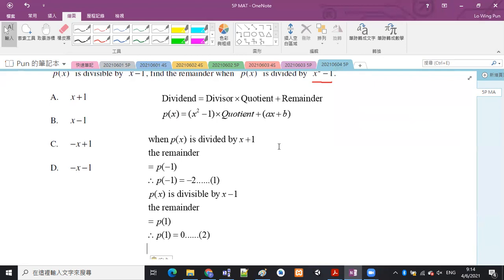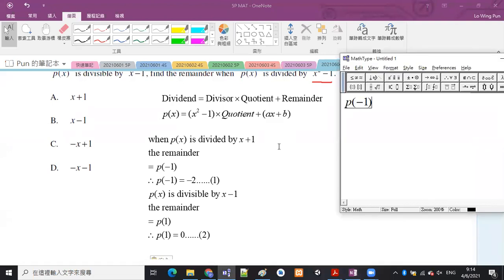Okay, and because P(-1) is equal to -2, in our equation we can actually calculate P(-1). P(-1) should be equal to (-1)² minus 1 times quotient plus a times -1 plus b.